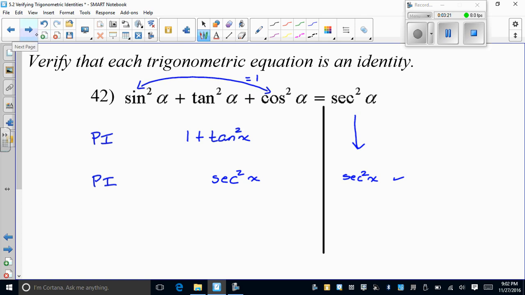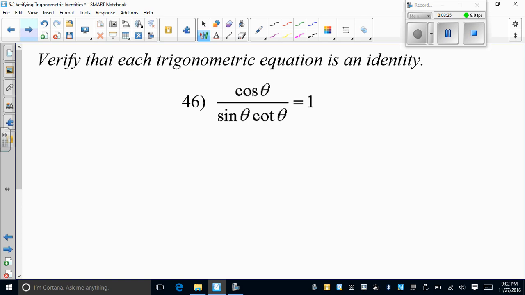Okay, the next one. Again, I'll bring down my nice clean line here. Okay, the first thing I'm going to do here is that funny factoring. So that gives me cosine of theta over sine of theta. Yes, I'm going to leave it there.